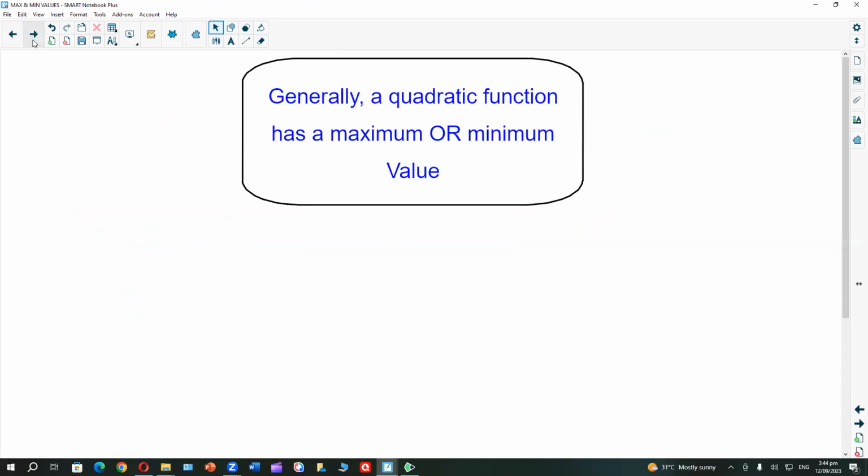Generally, a quadratic function has a maximum or minimum value. Normally, when you talk about a quadratic function, quadratic means the power of x is 2, like x square, like y square. A quadratic function has a power of 2 and has a maximum or minimum value.